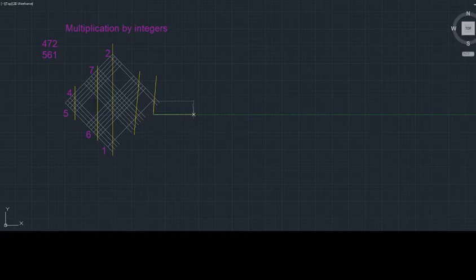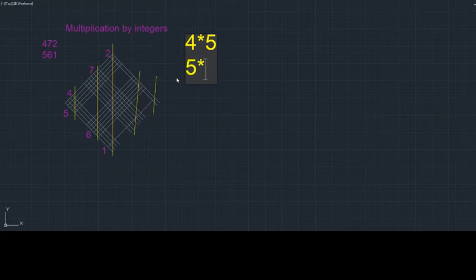So for this, I will not use trailing zeros, and I will write them in a vertical format just to give some example between the 2 methods. So first we have 4 times 5. In that second column, we have 5 times 7 plus 4 times 6.